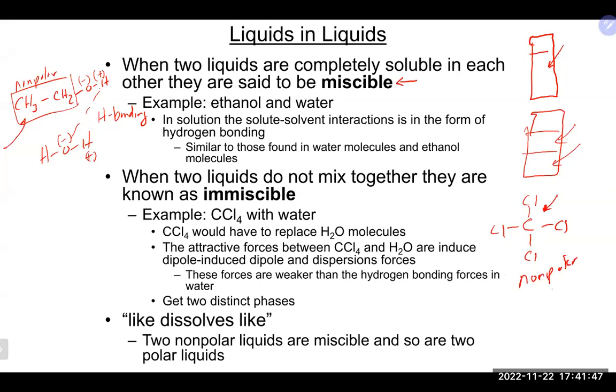Something nonpolar is going to have only dispersion forces at its discretion in terms of intermolecular forces, while water is going to want to do its hydrogen bonding. So for a long period of time, they have no way to interact well with one another. Remember, dispersion forces are weak forces that rely upon something happening to gain a temporary charge to allow interaction to occur. So these guys definitely will not mix together.